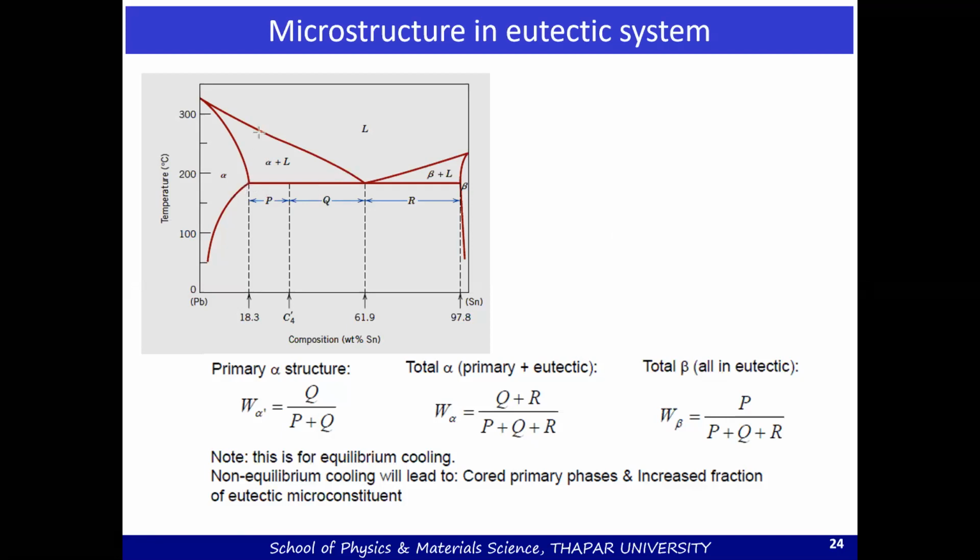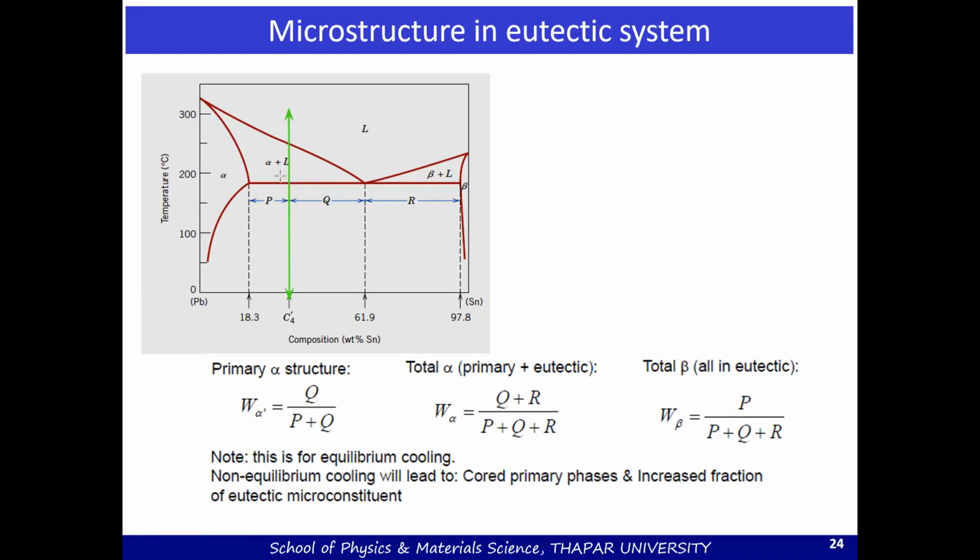We were cooling along this line. Here it was homogeneous liquid above the liquidus line. Between the alpha plus L region, you are growing your alpha phase, and it will continue to grow till you reach the isotherm line.